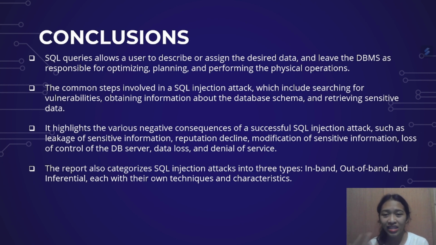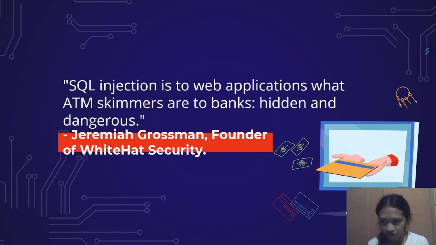Our topic highlights various negative consequences of structured query language injection attacks, such as the leakage of sensitive information, reputation decline, modification of sensitive information, loss of control of the DB server, data loss, and DoS, or denial of service. Our report also categorizes SQL injection attacks into three types: in-band, out-of-band, and inferential, each with their own techniques and characteristics.